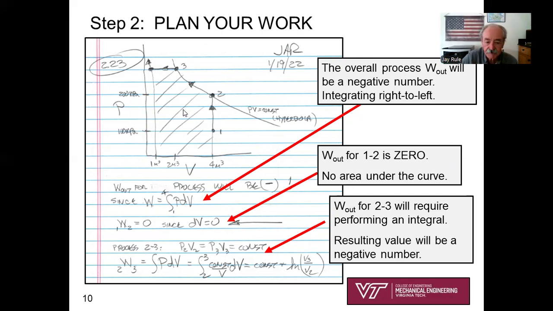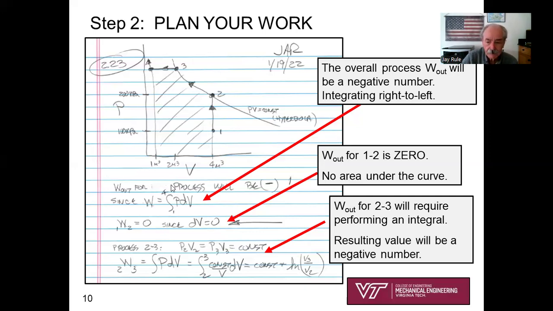Will it be a positive number or a negative number? The area under the curve, I've crosshatched it in my solution, but it's going to be a negative number because you're integrating from right to left. Right to left, the numerical integral is a negative number. Left to right, the area under the curve is positive. For this problem, we're going from right to left. We expect the work out for the whole process, 1 to 4, to be a negative number.